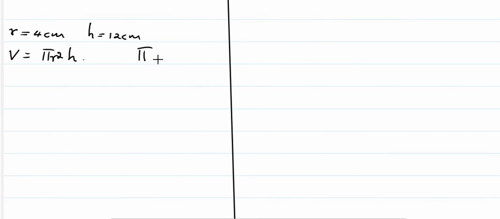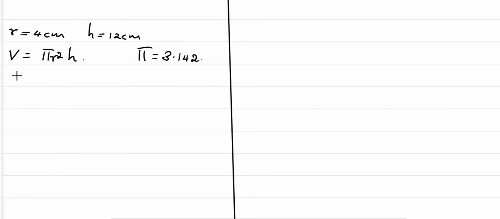We can use pi is equal to 3.142. Pi is a constant, which can be given as 3.142 or as 22/7, but in this case, let us use 3.142.